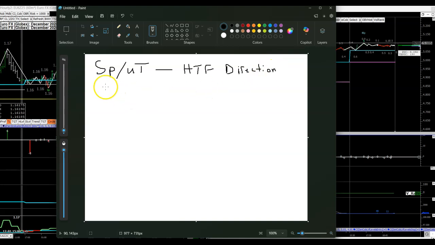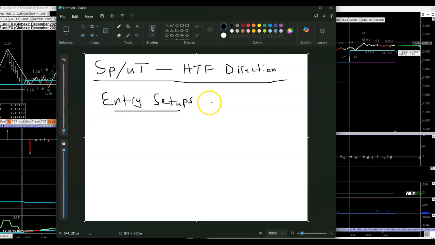A spring only works if you have favorable high time frame direction, and in general, whether it's a spring or up thrust or whatever POC, whatever order block, just remember this: these are entry setups.